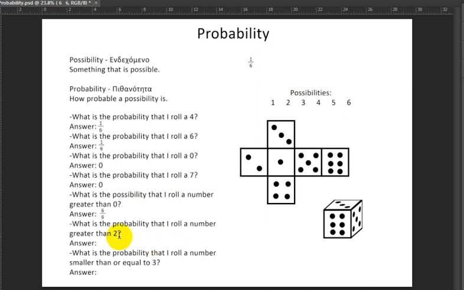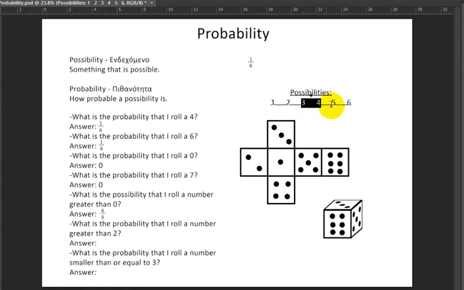Next, we get one that's a little more complicated. It asks, what is the probability that I roll a number greater than 2? Greater than 2. It has to be more than 2. Well, 1 doesn't qualify, so no, we don't want this result. 2 doesn't either, because it has to be more than 2. It can't be 2. But then all the other results are perfectly fine.